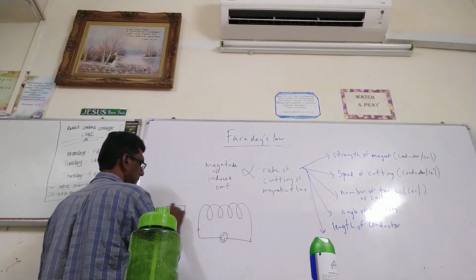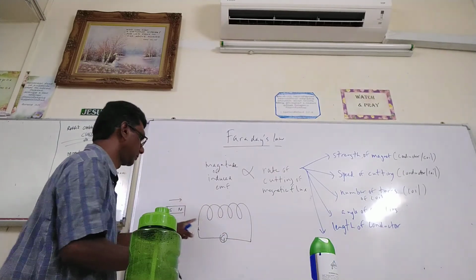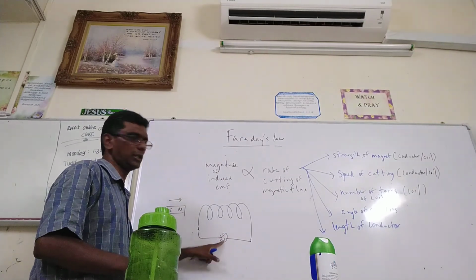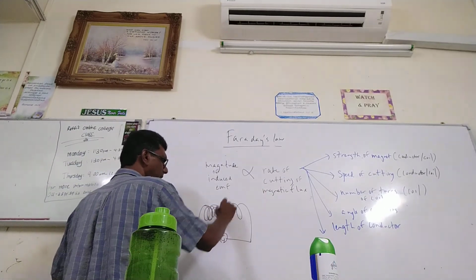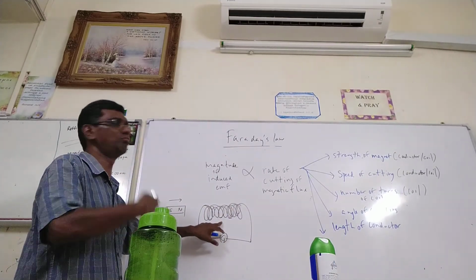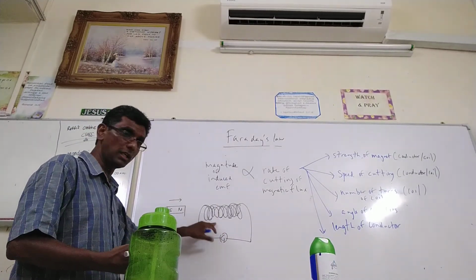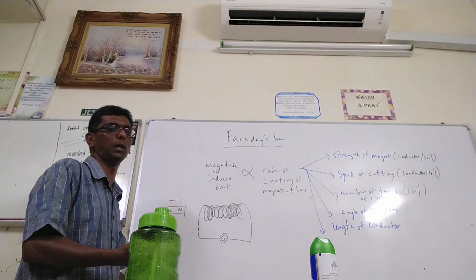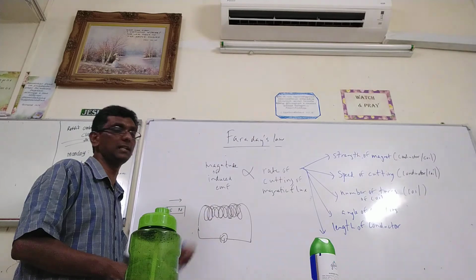This magnet, North pole, South pole, you push the magnet into the 5 turns of the coil, and you produce a voltage or current, 20 volt, 30 volt. But if the number of turns increases, 100 turns, 200 turns, you push the magnet and produce a higher voltage, 100 volt, 200 volt, or 300 volt.